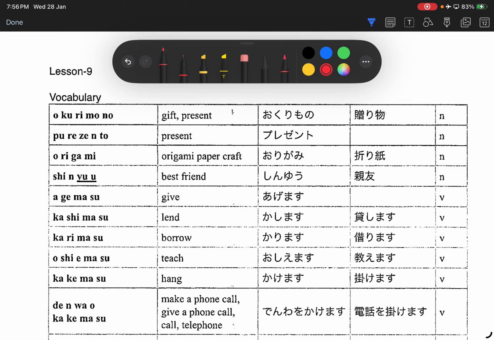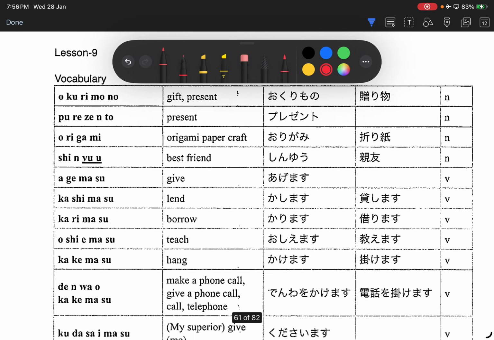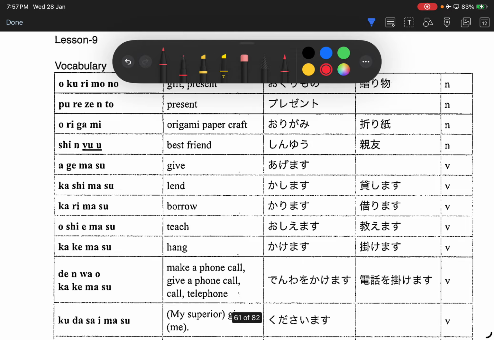Shinyu. Agemasu. Kashimasu. Karimasu. Oshiemasu. Kakemasu. Denwa o kakemasu.